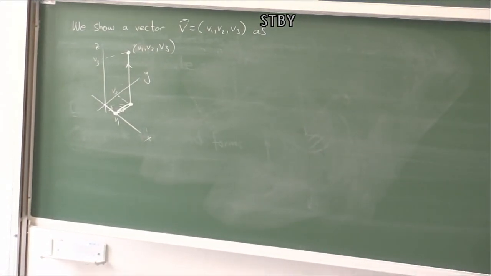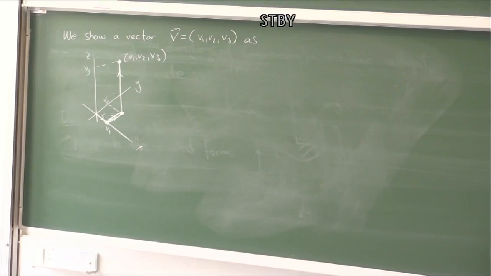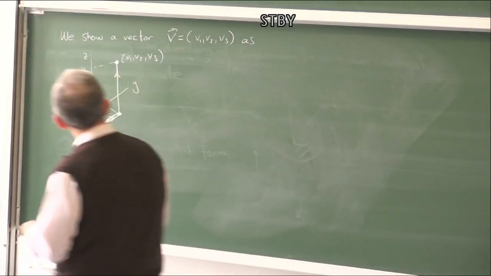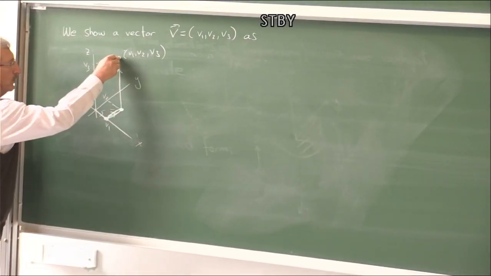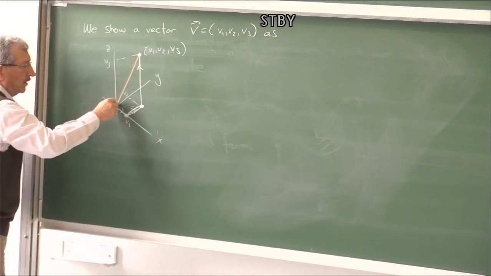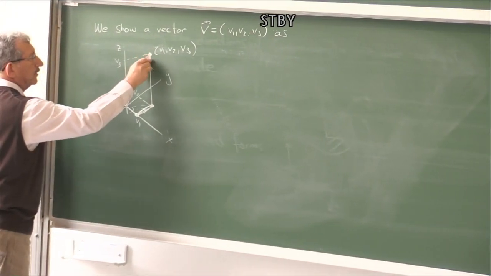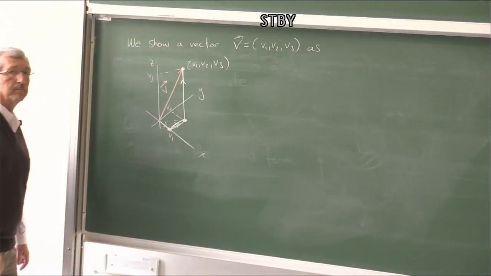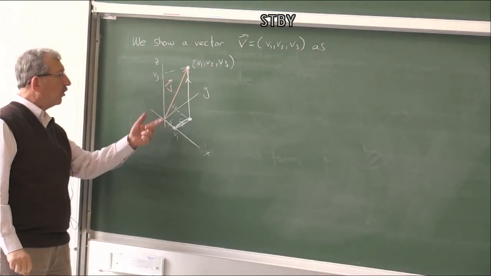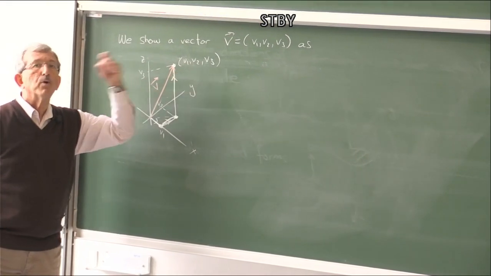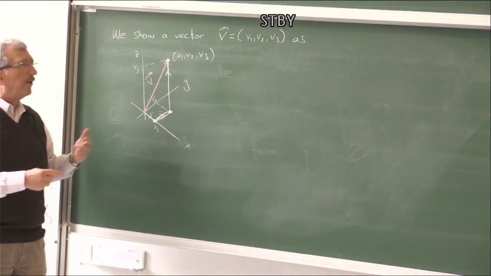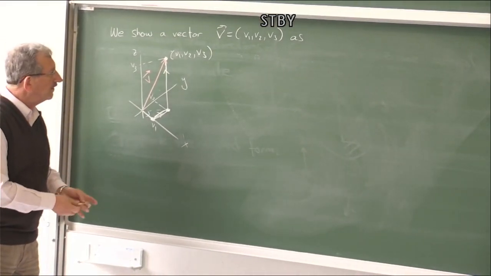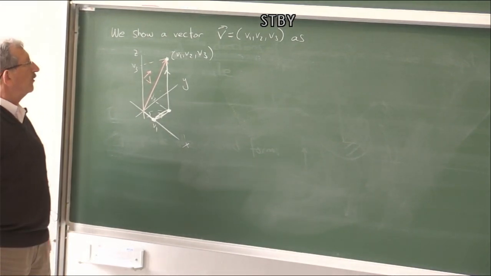We then connect this endpoint to the origin and call this the vector v. Note that it's completely determined by v1, v2, v3. And all the operations are done that way.